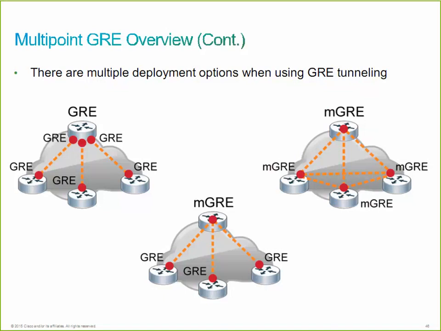So if I'm looking at a configuration for, let's say, the hub for the MGRE, the tunnel interface would just have the private IP network. It wouldn't have source or destination, well, maybe the source of the physical interface it's going to leave from.